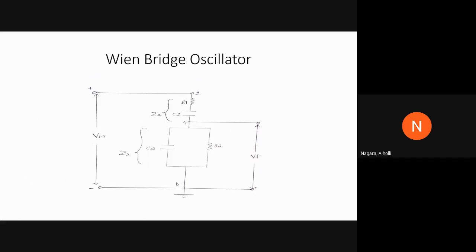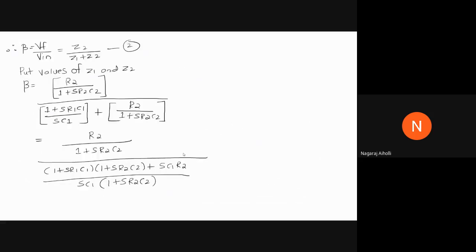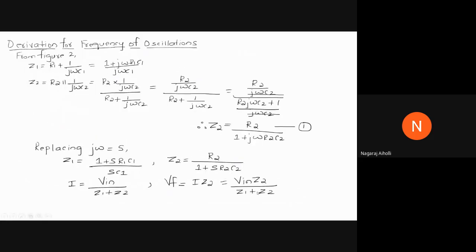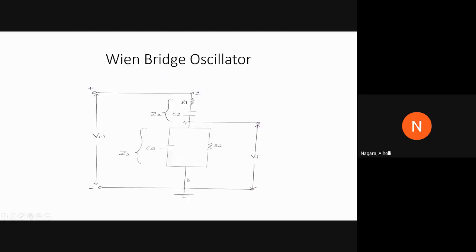That is, Vf is equal to Vin into Z2 divided by Z1 plus Z2. It is the total voltage Vin into the impedance of the same branch, Z2, divided by the sum of the impedances Z1 plus Z2.